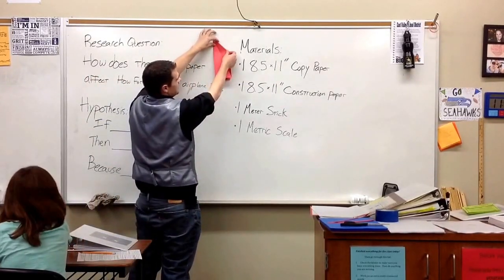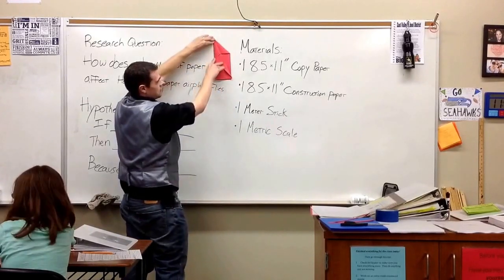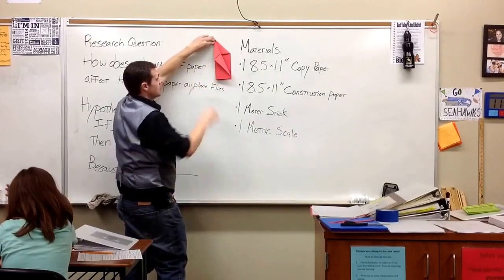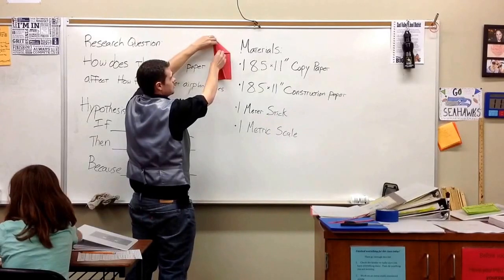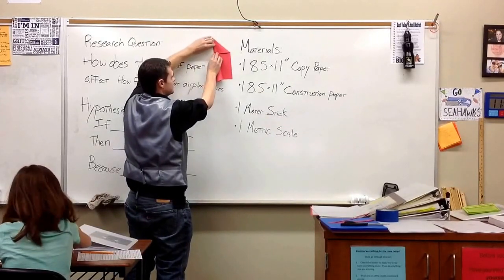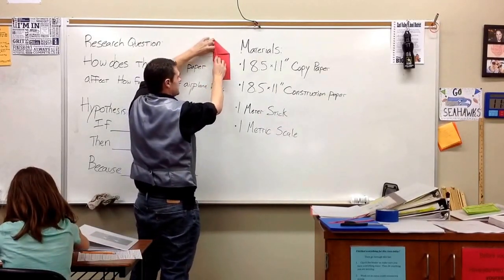So the flat edge that was up here, we folded it down so it's flat with this one. And then we're going to do that same kind of thing one more time. Fold it so it's flat, like that, all the way down.